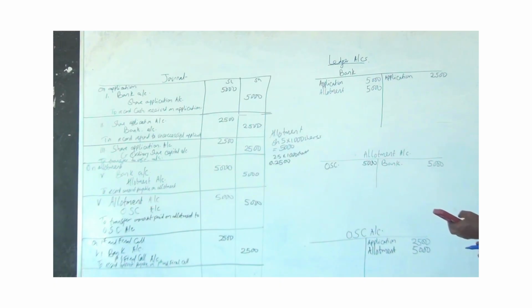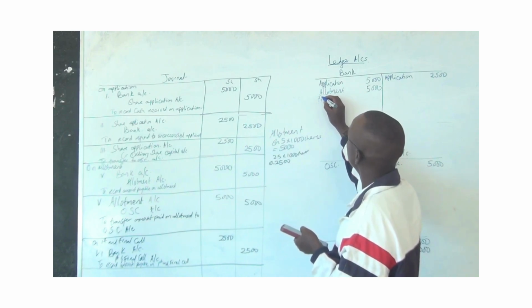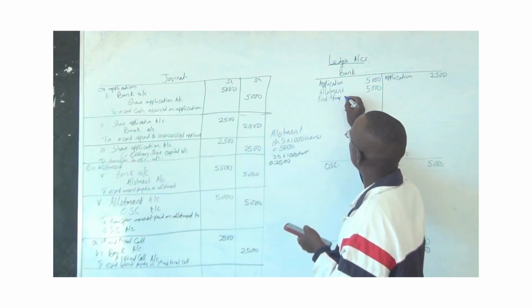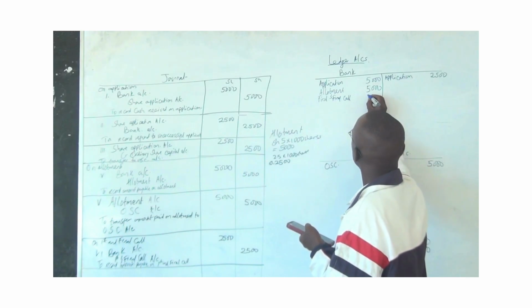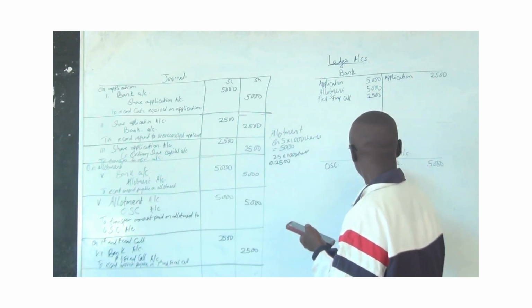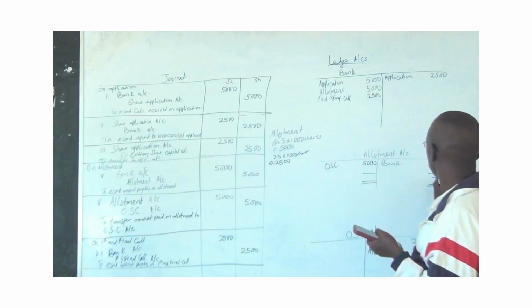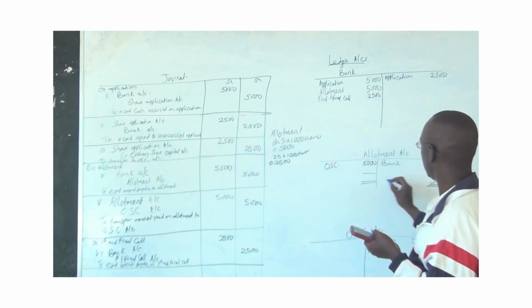And now in our ledger account here you have first and final call, $2,500. Then now this one account has balanced. You close it.